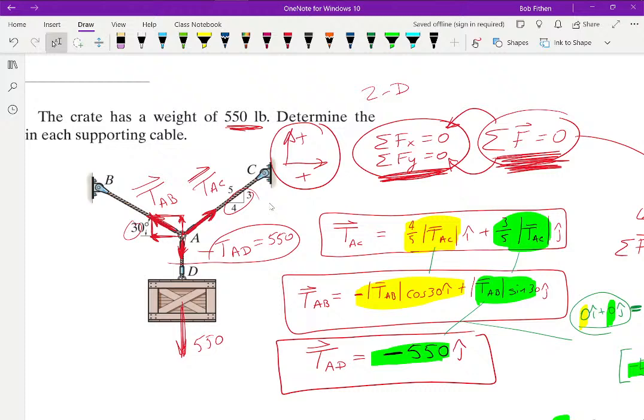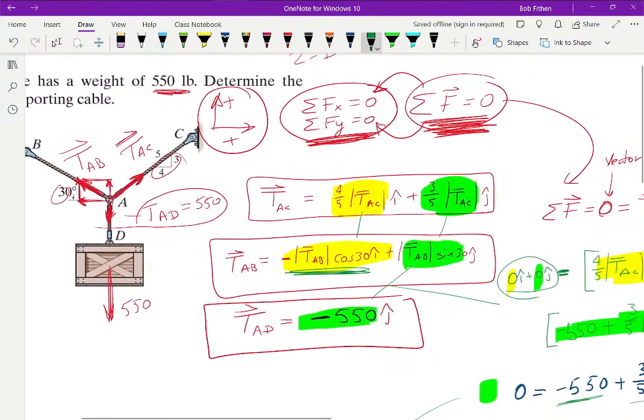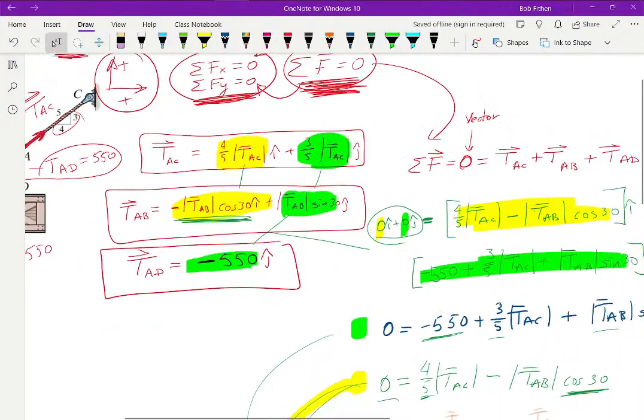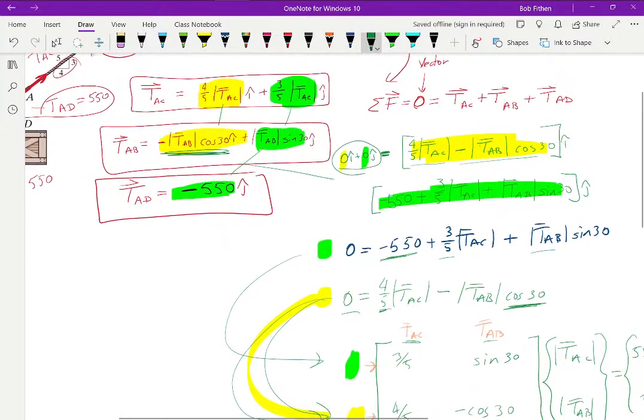Okay, so I've got a cosine listed here in the X. I think somehow that got translated into the Y. Let's see if I can see where it got translated into the Y. Okay, so here's my yellow. This is my X. This is my X. This is my X. Got translated into here.